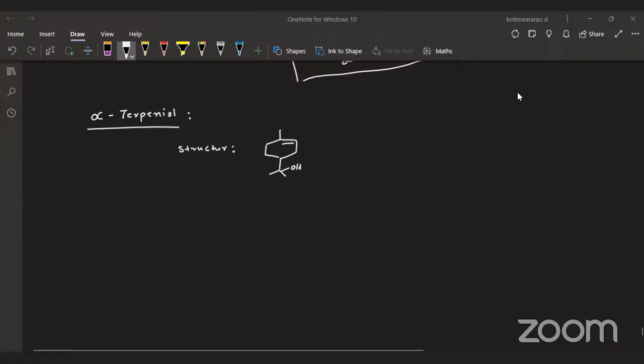This is the structure of alpha terpenol. It is a colorless liquid. It is isolated from turpentine oil.